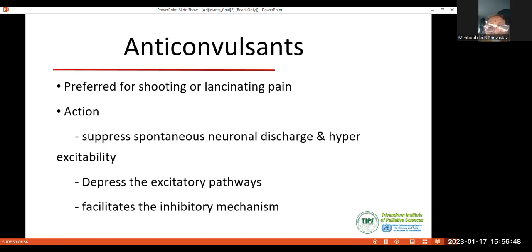Phenytoin and Gardinal. Yes, commonly used anticonvulsants. Yes, diazepam, correct. Anyone has used this for pain management? Any drugs? So there are some drugs. Yes, gabapentin, very commonly used anticonvulsant for pain.